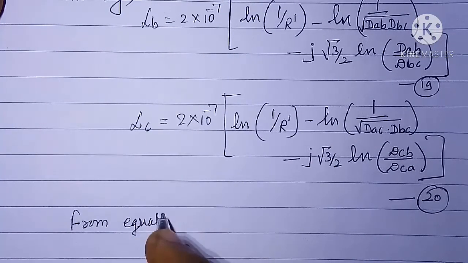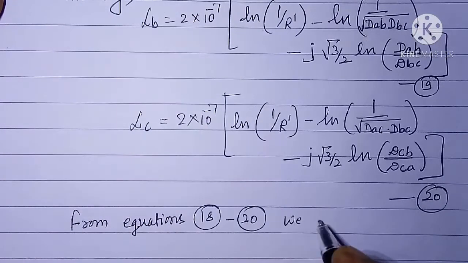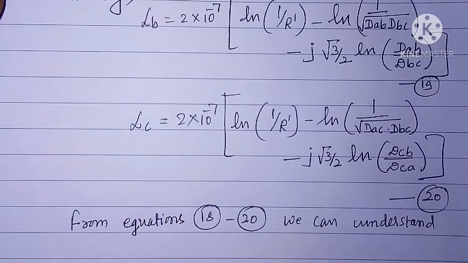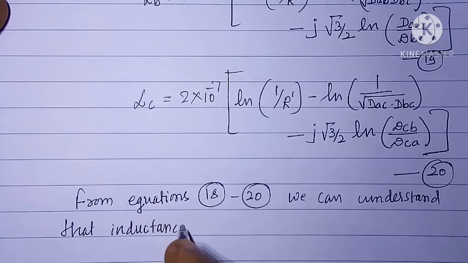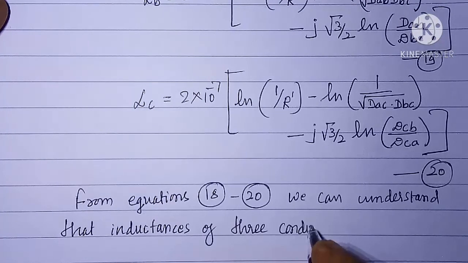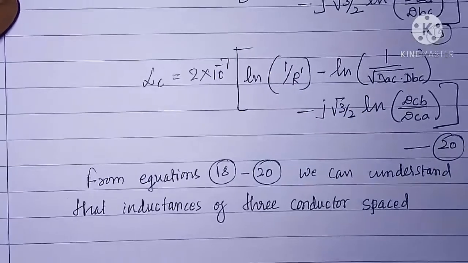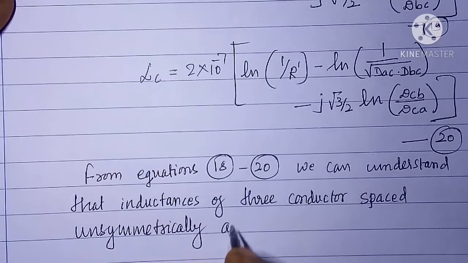From equations 18 to 20, we can understand that inductances of three conductors spaced unsymmetrically are unequal.